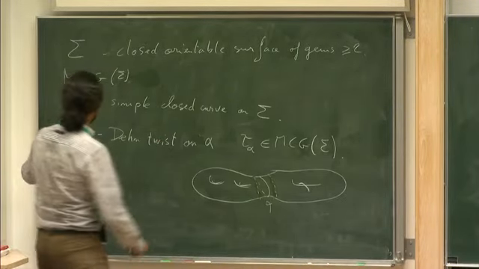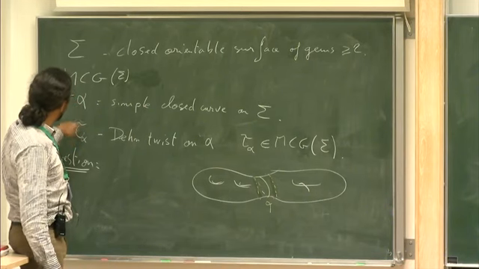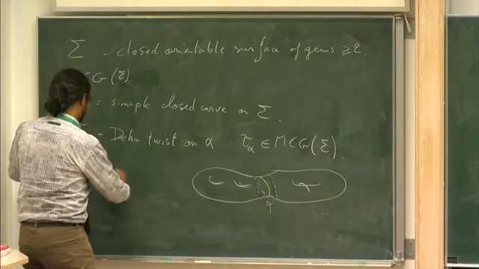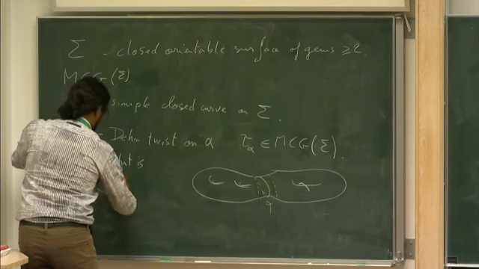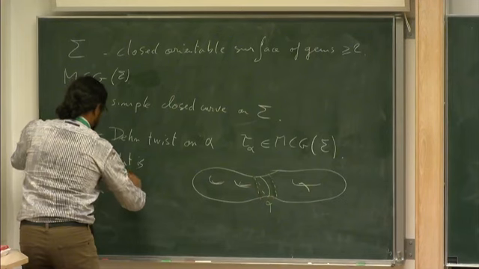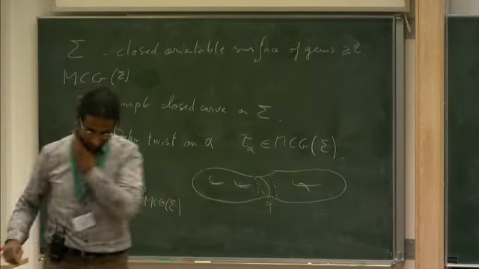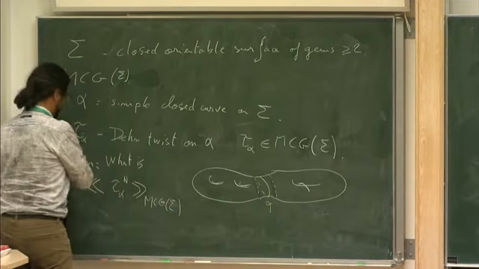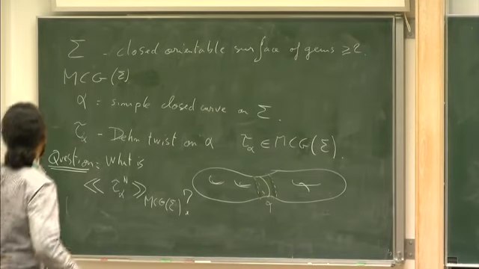If we pass to a power of tau alpha, what is the normal closure in the mapping class group of sigma of tau alpha to the power n, for large n? More interesting, isn't it?